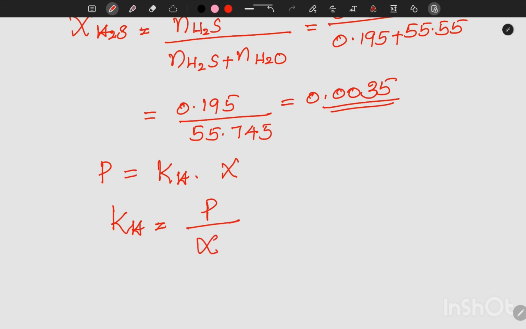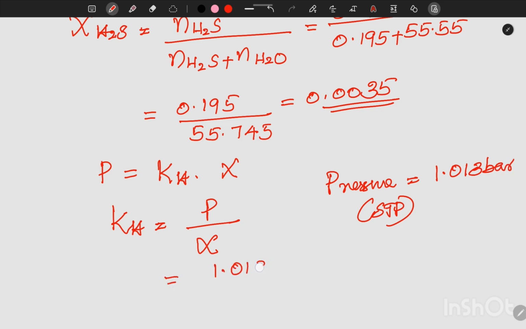Here, the pressure of gas at STP is equal to 1.013 bar. So that is equal to 1.013 divided by 0.0035, which is equal to, when you simplify, we will get 289.4 bar.